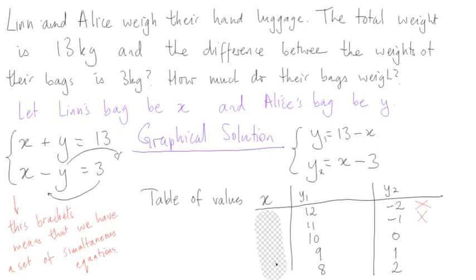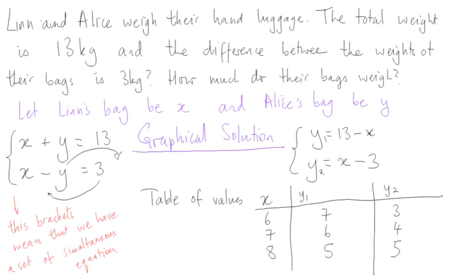I'm going to have to rub this out, and then we've done 5, so we're on 6 now. So if x equals 6, y1 equals 7, and y2 equals 3. For x equals 7, y1 equals 6, and y2 equals 4. But for x equals 8, y1 equals 5, and y2 also equals 5. 13 minus 8 is 5, and 8 minus 3 is also 5.